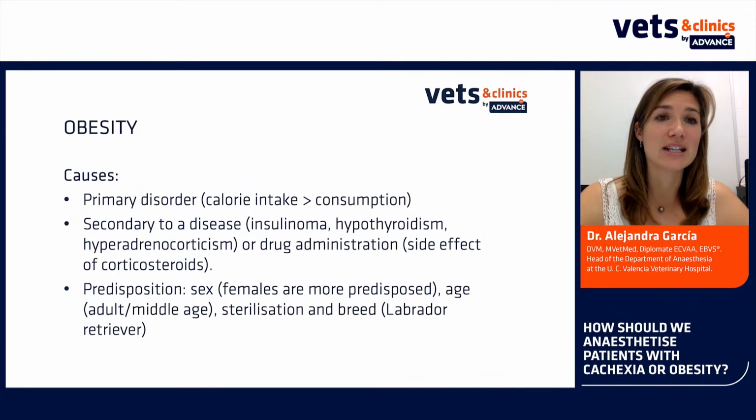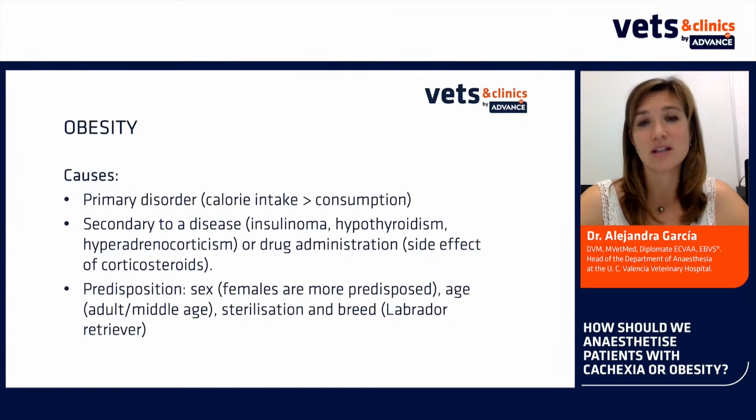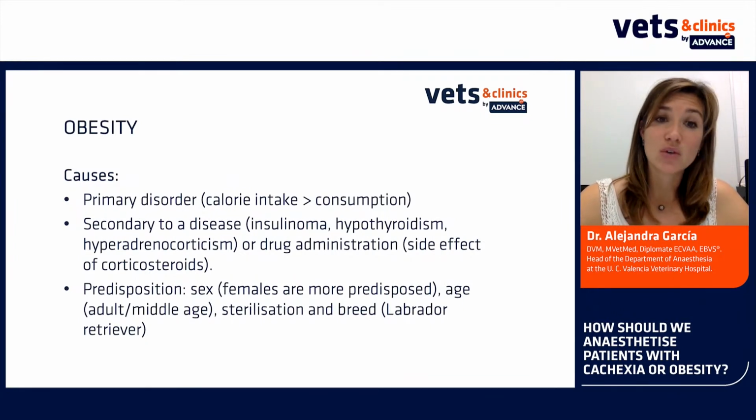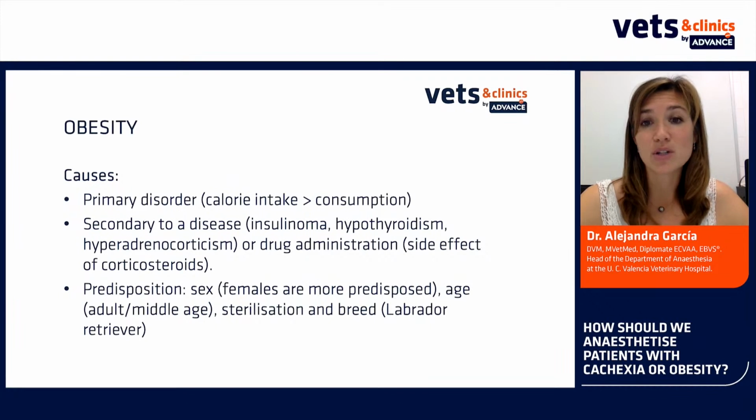Causes. Basically, obesity will be due to a primary disorder, basically too much calorie intake and not moving too much, so the calorie intake is higher than the consumption, or it could be secondary to a disease. For example, insulinoma, hypothyroidism, hyperadrenocorticism, or drug administration, for example as a side effect of corticosteroids, which increase hunger and polyphagia.